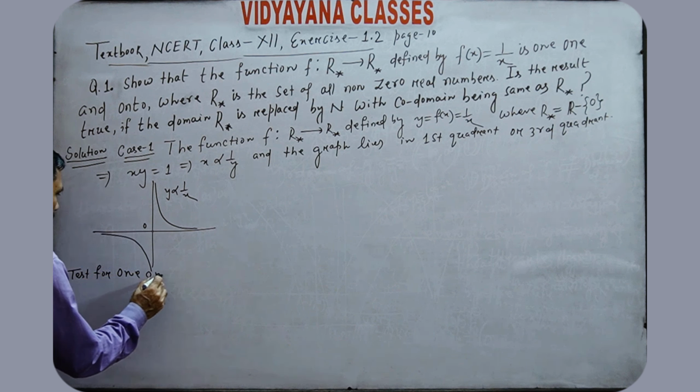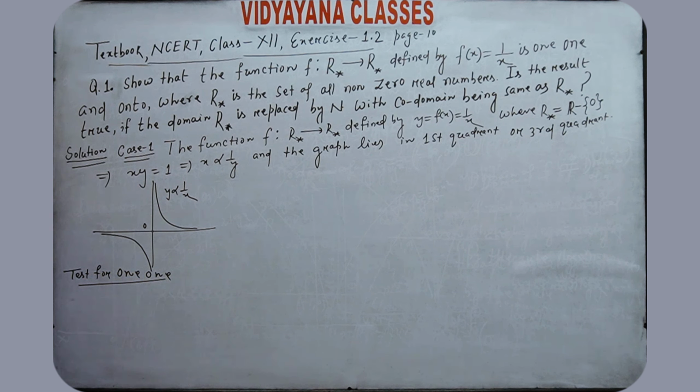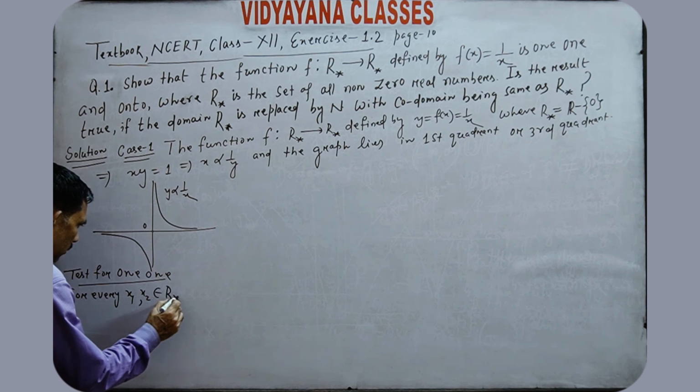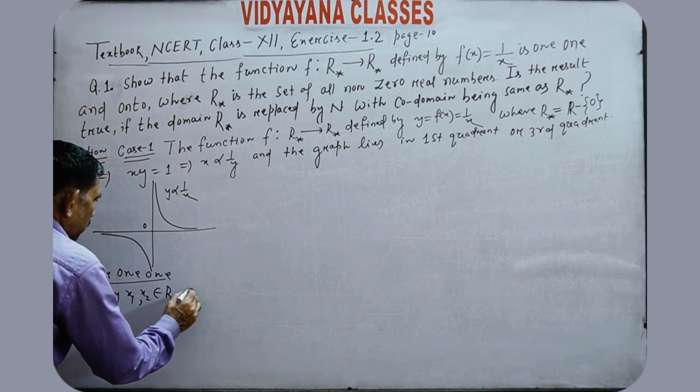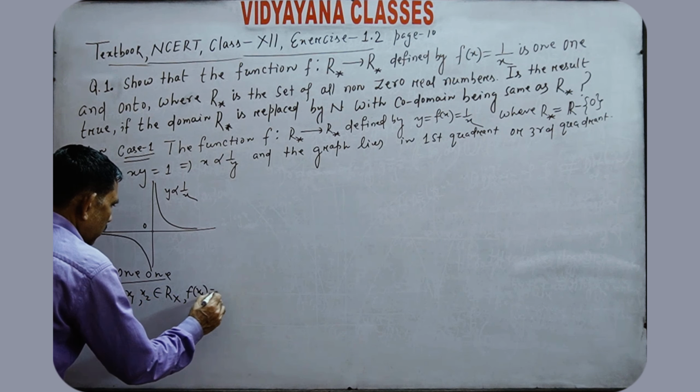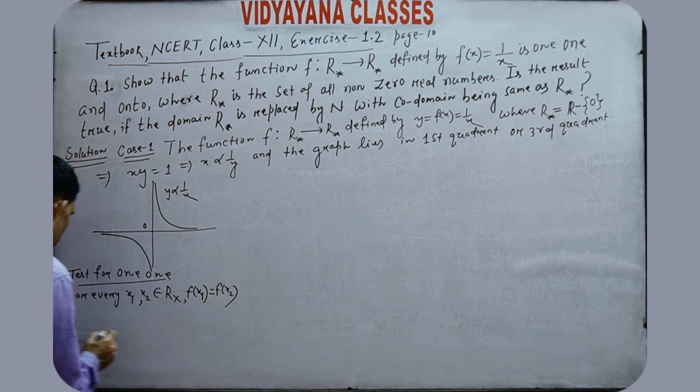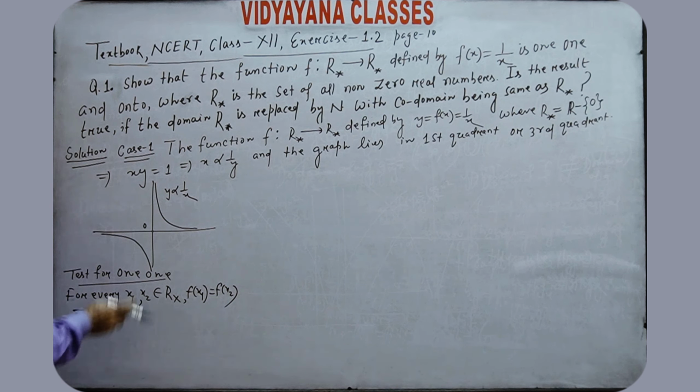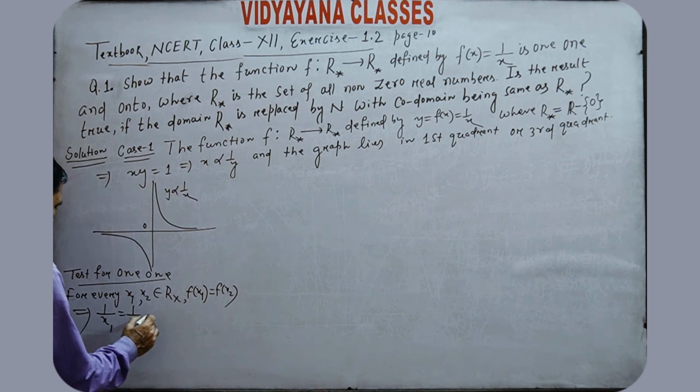Test for 1-1. For every x1, x2 belongs to R star, f(x1) is equal to f(x2). That implies, f(x) is equal to 1 by x, so 1 by x1 is equal to 1 by x2.